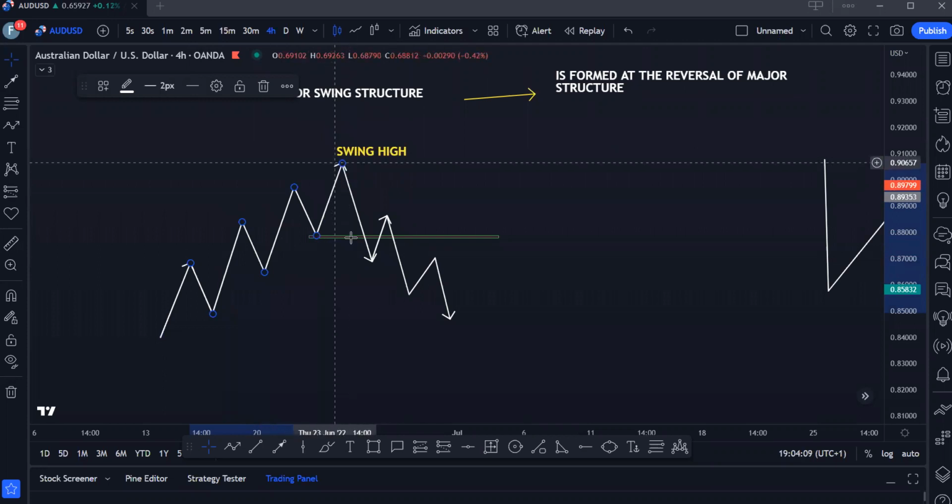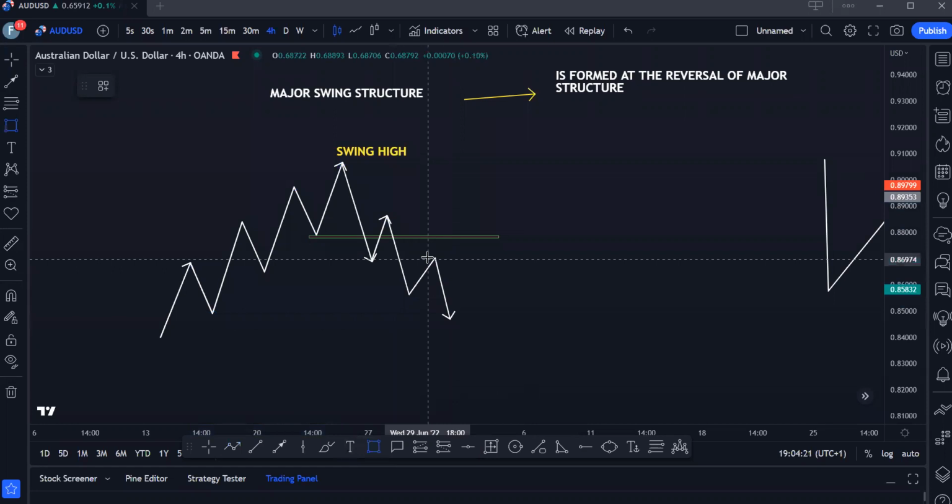Once the structure shifts, you now have new lower lows being printed like so.